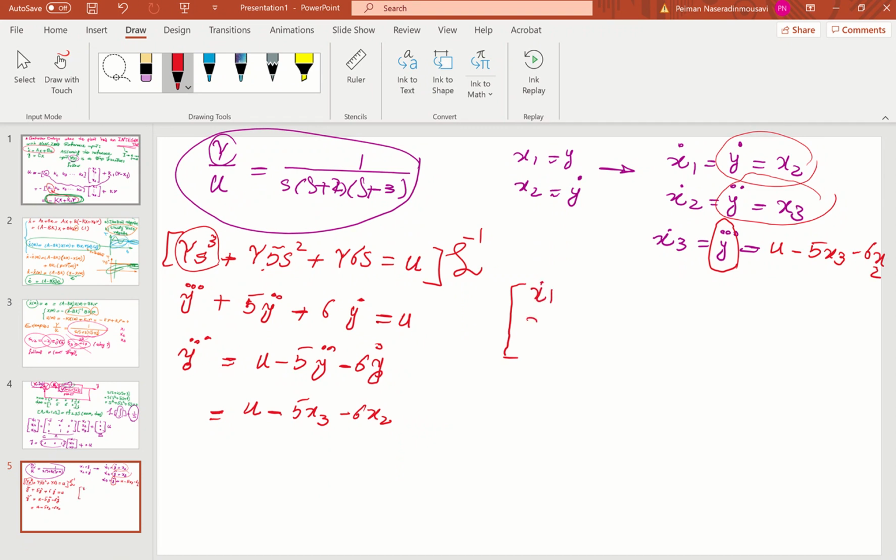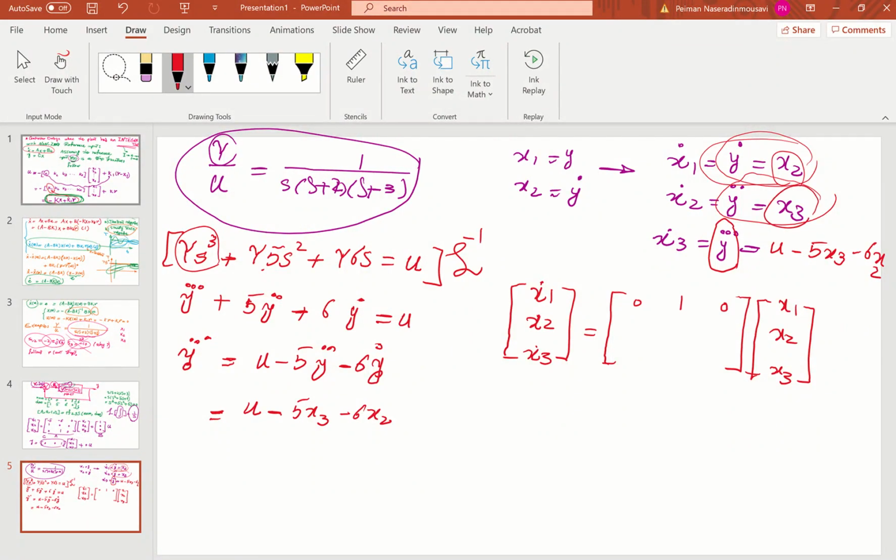x dot 1, x dot 2, and x dot 3 are, here we go, x1, x2, x3. Look at the first line, only x2 is here, so 0, 1, 0. Only x3 is here, 0, 0, 1.